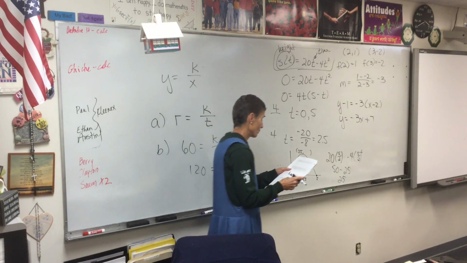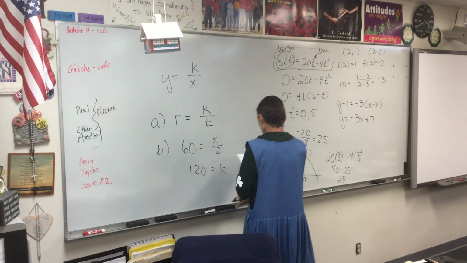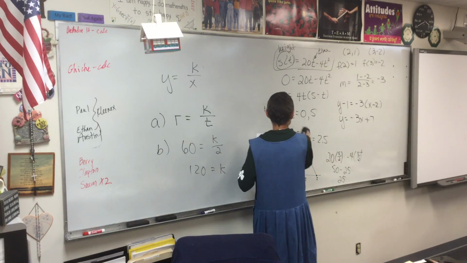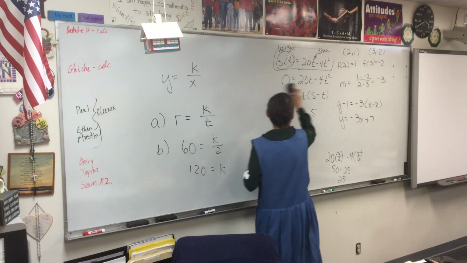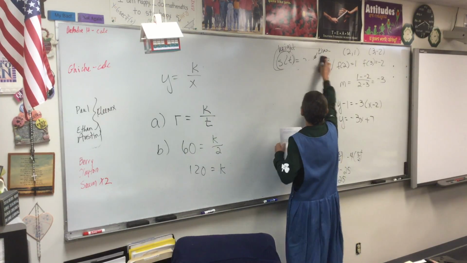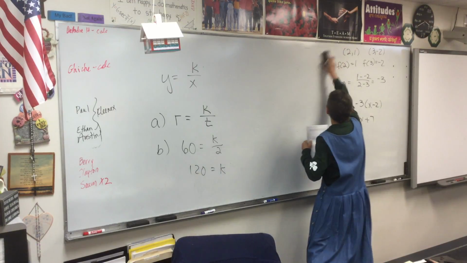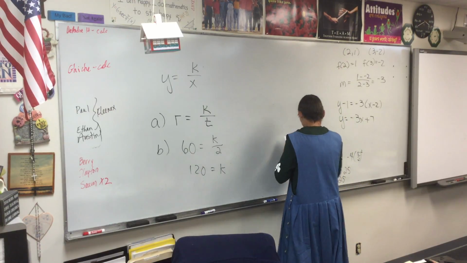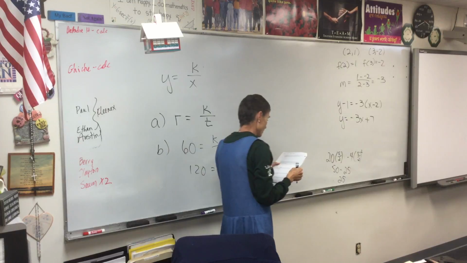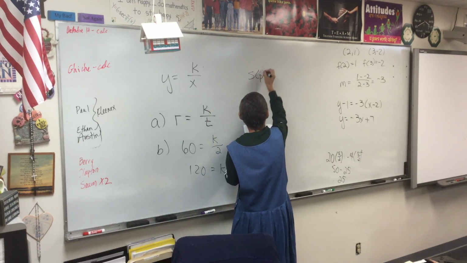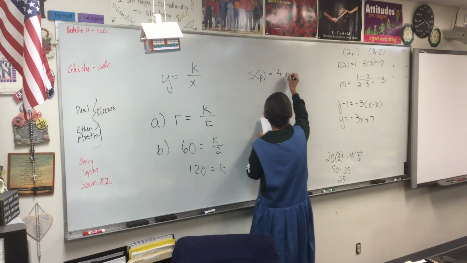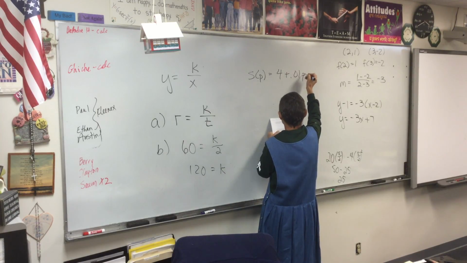Okay, so let's look at number 2. We've done a lot of box problems like number 1, but let's look at number 2. Problem number 2. Okay, so we got super duper ping pong balls, and we know the supply is 4 plus 0.01 p squared.